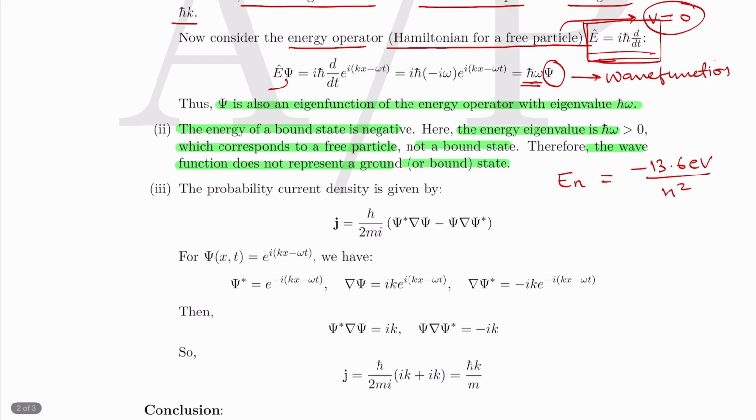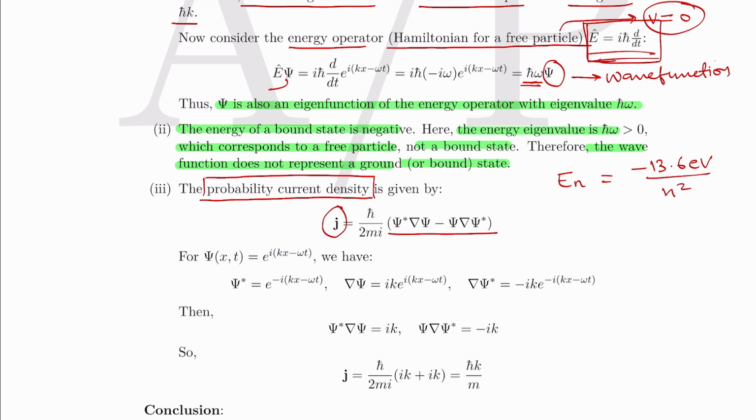Now next you are required to find the probability current density. It is actually the density of the flow of probability across the region. The probability current density is denoted by a small j as a vector, and it is h bar over 2 m i times this expression.